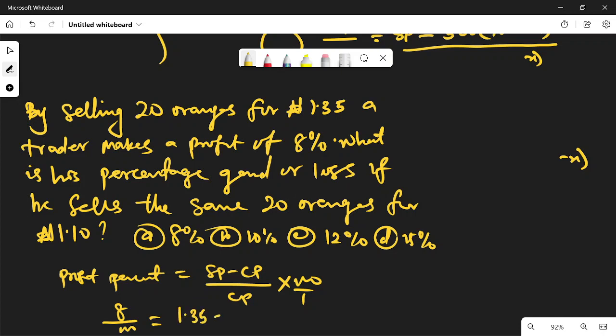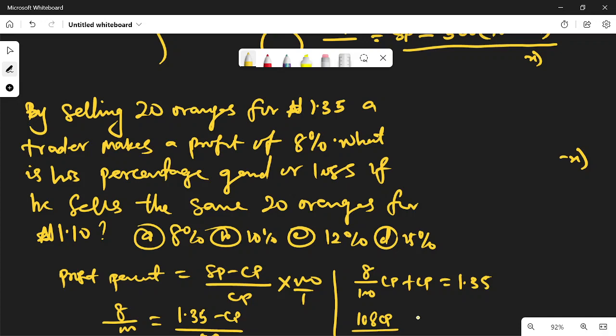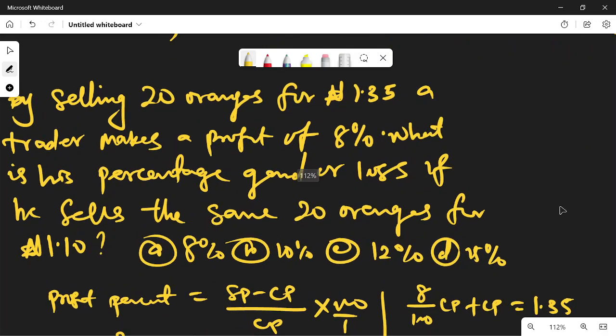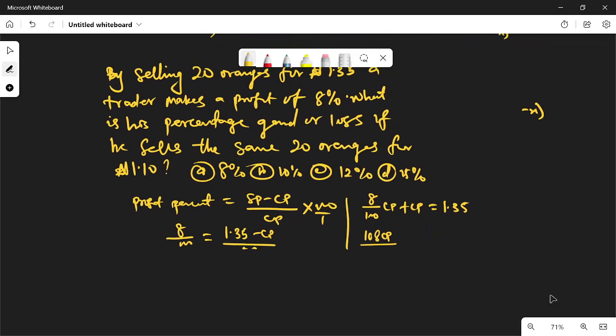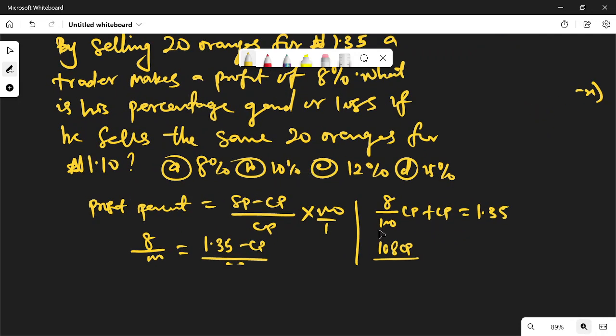1.35. But we don't know the cost price. So we need to know the cost price now. So that will give us 8 over 100 multiplied by CP plus CP is equal to 1.35. So this is going to give us 108 over 100.